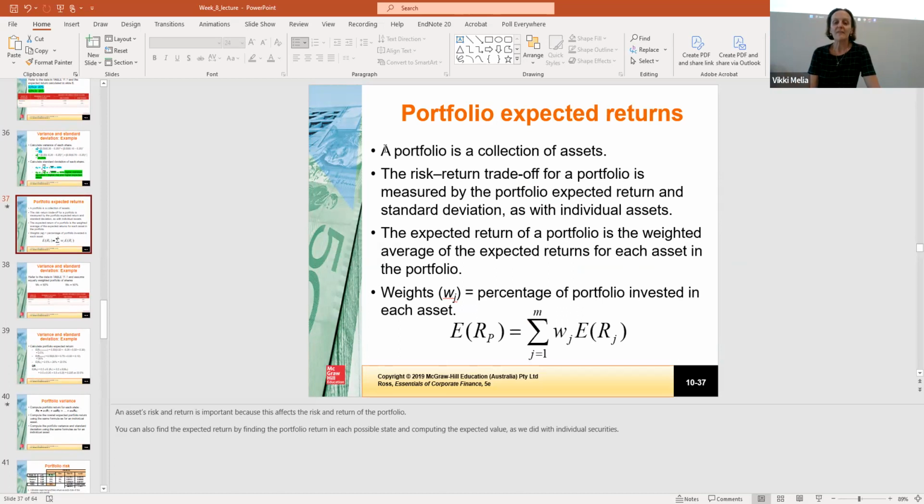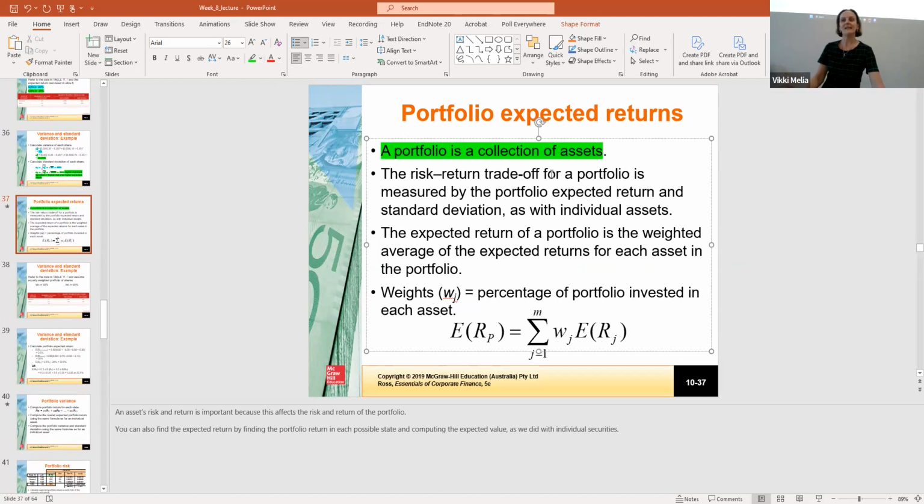We've talked about this concept of a portfolio. A portfolio means a number of assets. So you're investing in more than one asset, a collection or group of assets. And we can calculate the expected return and the risk.